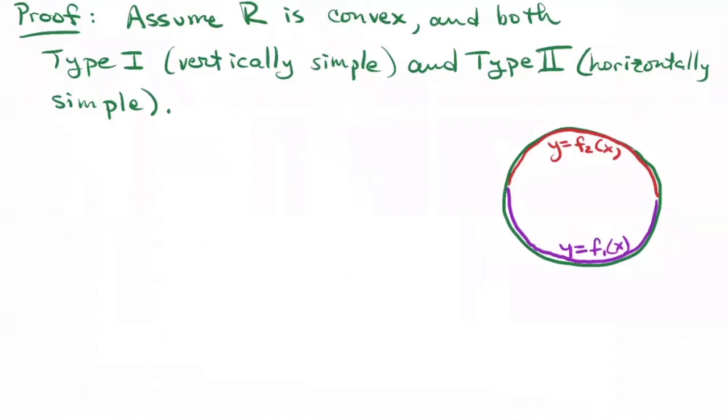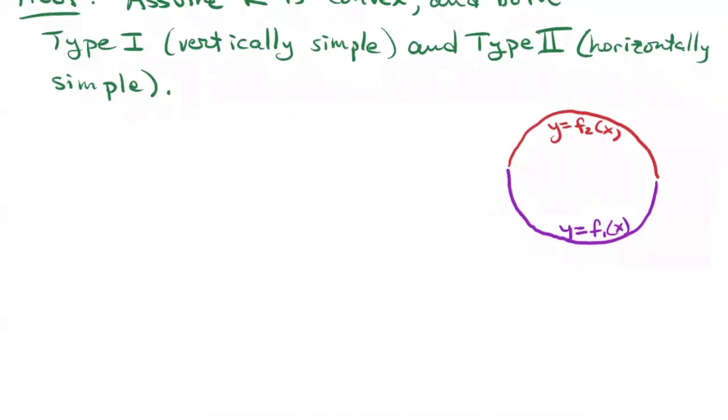But it's also horizontally simple, so I can do a left curve and a right curve as well. So here we go. So I'm going to do the left curve here in green. Let's see if I can pull it off.